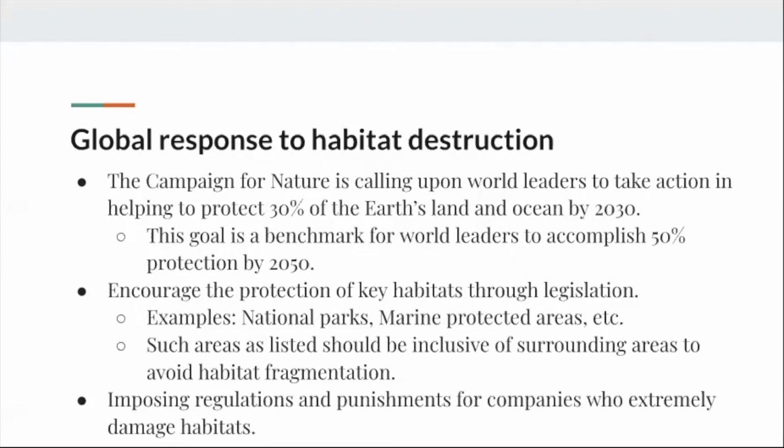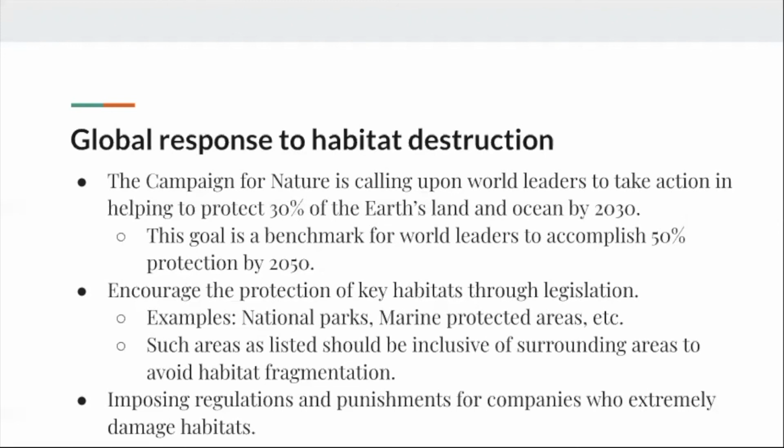In the United States, there's about 62 national parks, such as Yosemite, Yellowstone, Redwood Forest, and Hot Springs National Park. And all of these areas provide protection for the organisms and wildlife there, and these are untouched by humans. Such areas of national parks and marine protected areas should be inclusive of the surrounding areas as well, so that way we can avoid habitat fragmentation and just disruption of habitats in general.